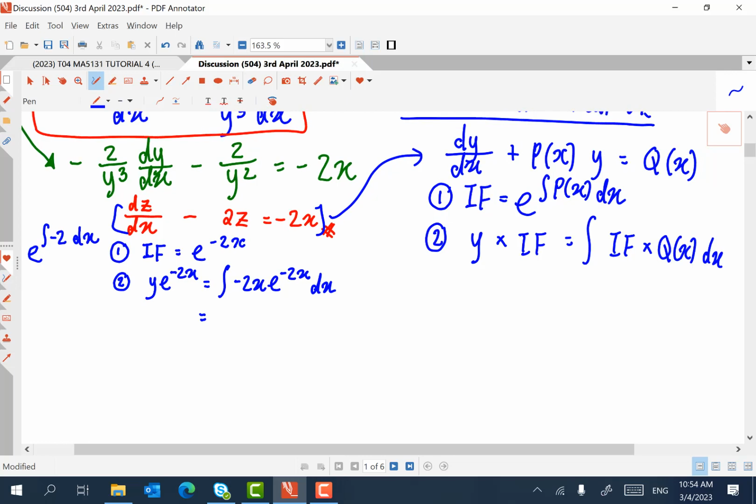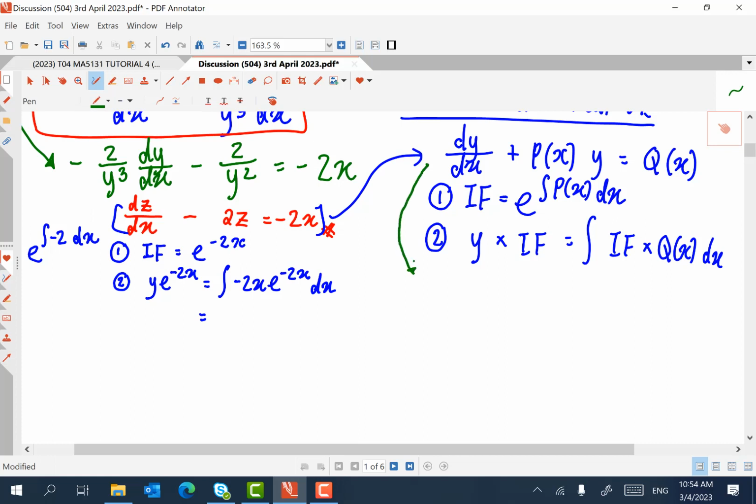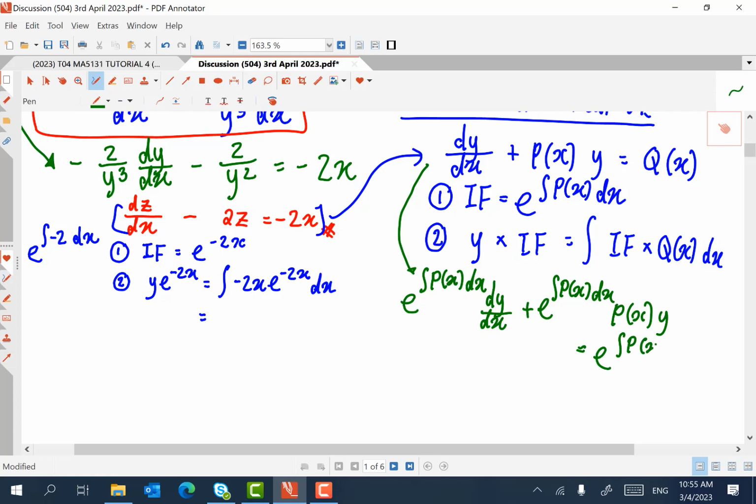Before I go on, now let me explain to you the logic. The logic behind this method is like this: if you multiply throughout by the IF, which becomes e to the power of this, dy/dx plus e to the power of the integral p(x) dx times p(x) y equals e to the power of the integral times q(x). The logic is, if you multiply throughout by the integrating factor, the left hand side, which is this line, becomes an exact expression, which is d/dx of this.